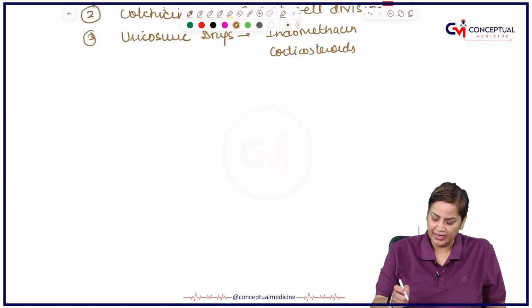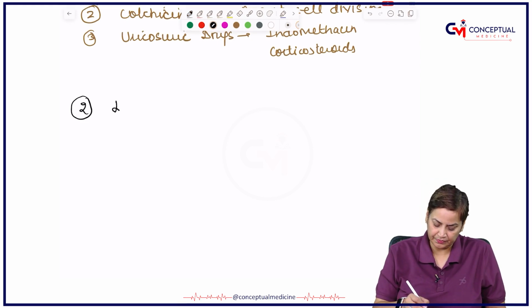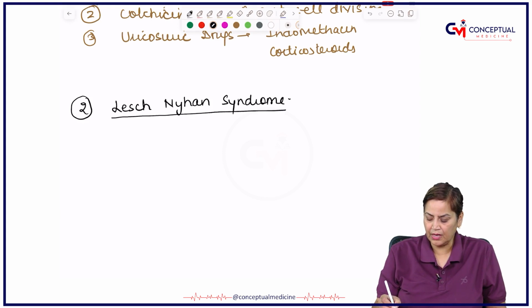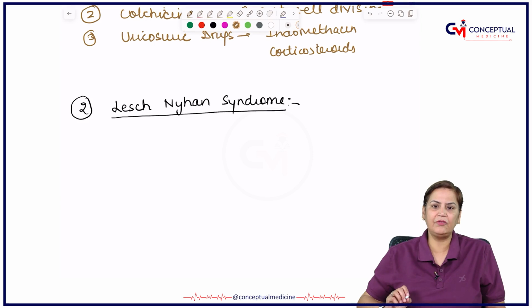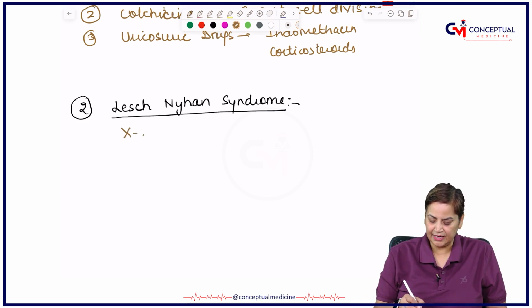Then the second one is Lesch-Nyhan syndrome. Now, the most important feature about Lesch-Nyhan syndrome is that it is X-linked.